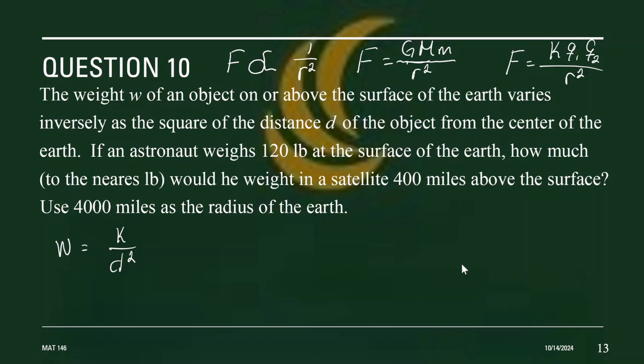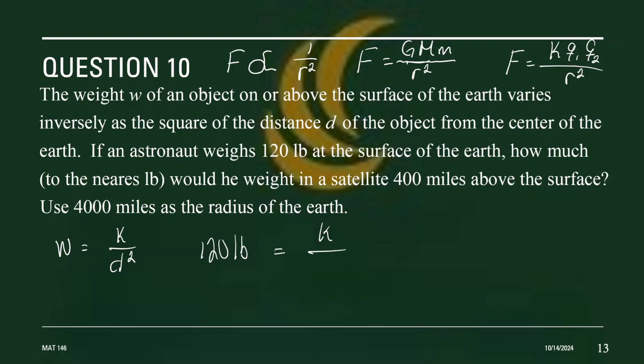Right, so we're told an astronaut weighs 120 pounds at the surface. How much to the nearest pound would he weigh in a satellite that's 400 miles above the surface? And we're using 4,000 miles as the radius of the Earth.